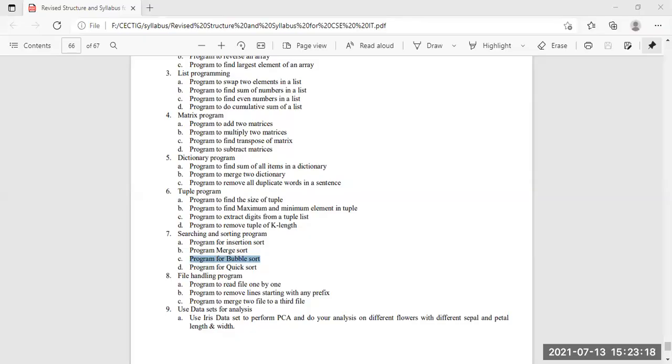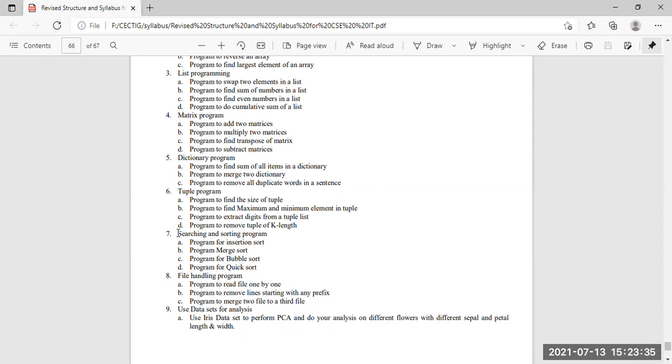So here you can see the topic number 7, searching and sorting algorithms, right? You know this from the classes of data structures.